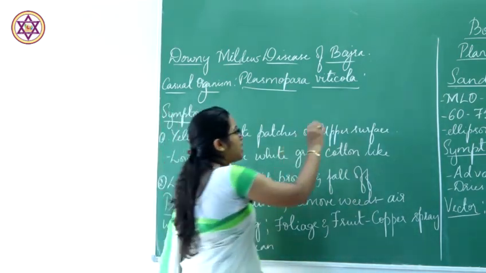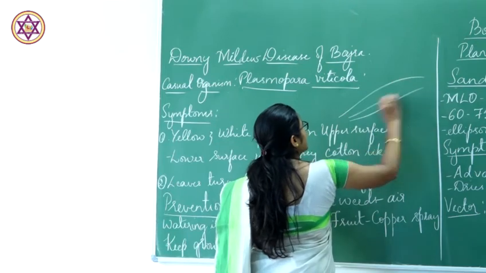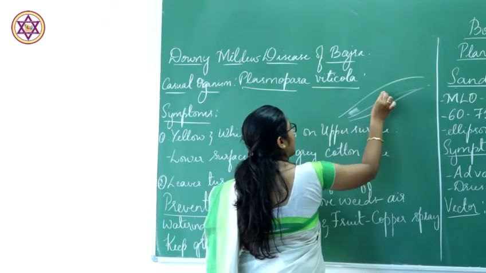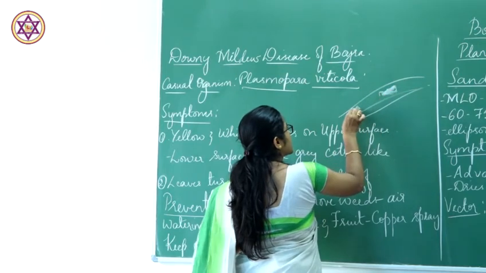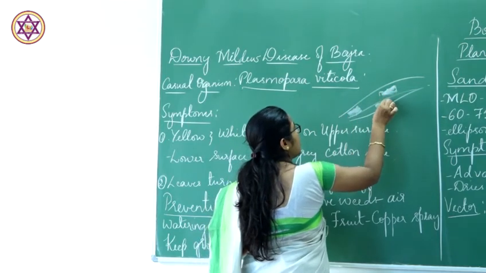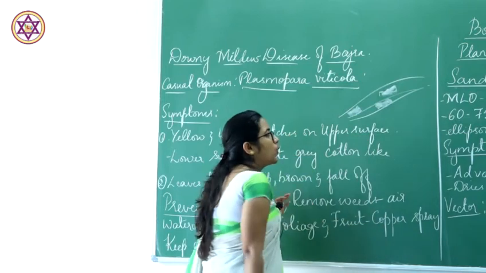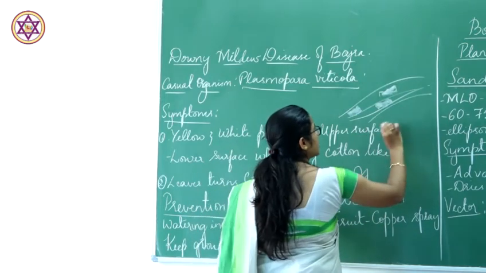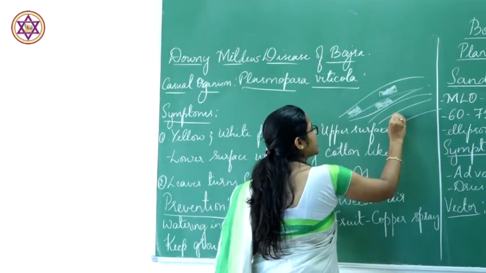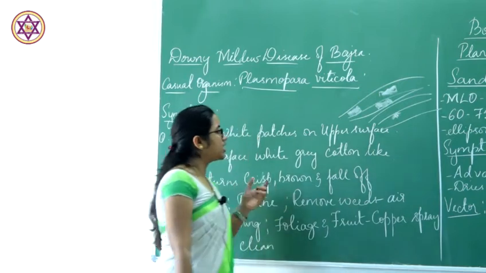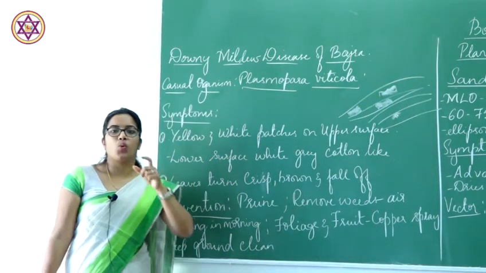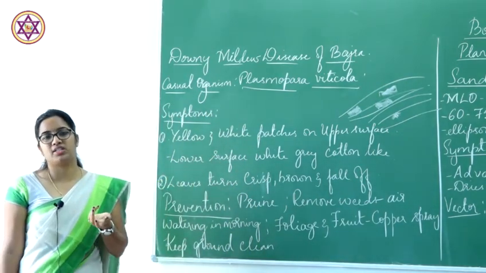If the bajra leaf is there, on the upper surface you will find yellow and white irregular patches. Whereas on the lower surface you will find some cottony outgrowth, white or grayish in nature.